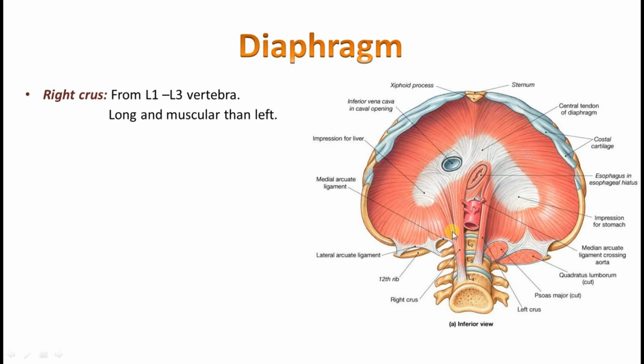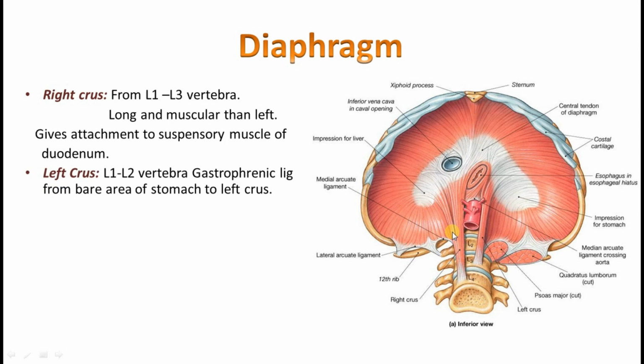So the right crus is longer and more muscular and also gives attachment to the suspensory muscle of the duodenum. The left crus arises only from the bodies of the first and second lumbar vertebrae and also gives attachment to the gastrophrenic ligament.